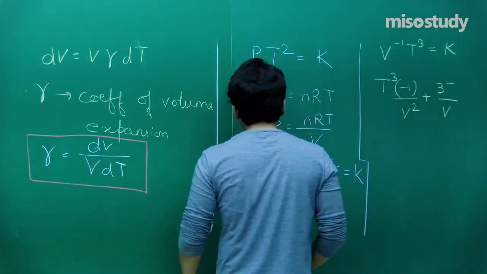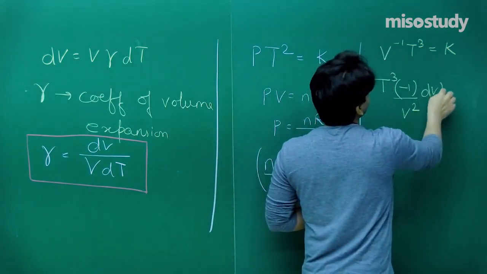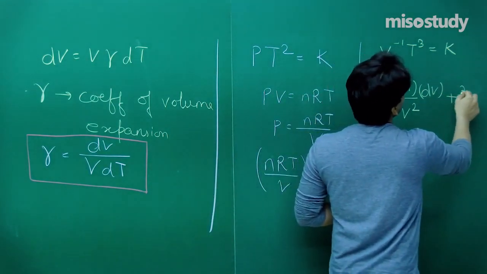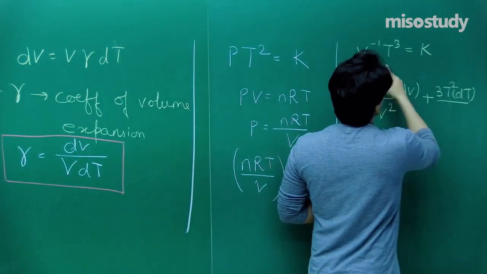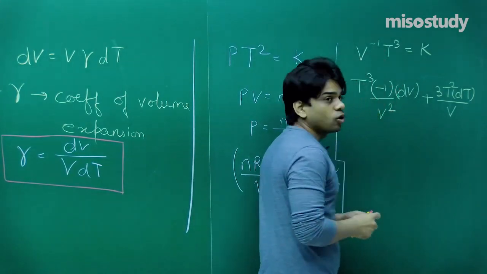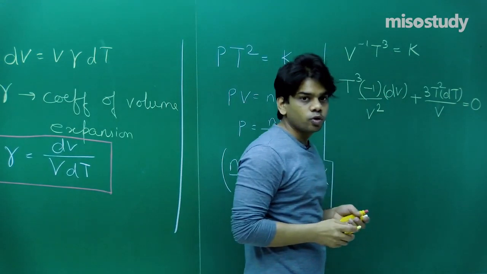And before that, one more thing. You should also mention here dV, that is what is required, plus 3T square dT divided by V, is equal to the differentiation of the constant, which is 0. You are going to obtain this.